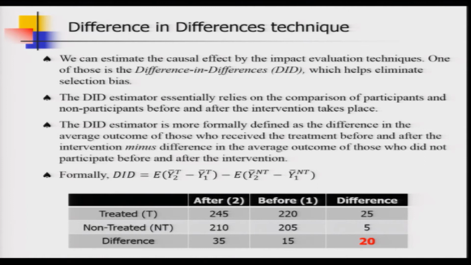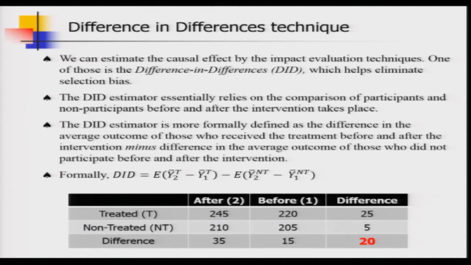This is the outcome variable y in which, as an applied researcher, you have interest, and there is some hypothetical program or treatment intervention which has taken place between time period 1 and time period 2. There were subjects in the treatment group who were treated with this intervention, and there were some subjects who were not treated with this intervention. So, these 4 cells are reporting some numbers.